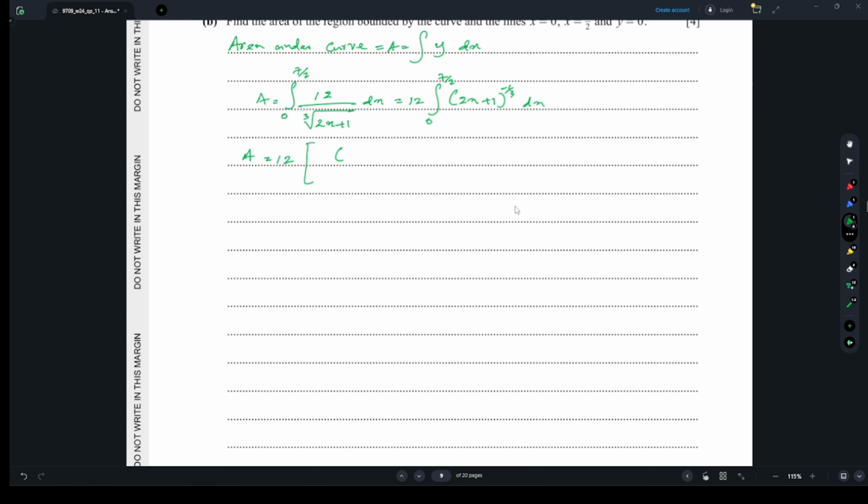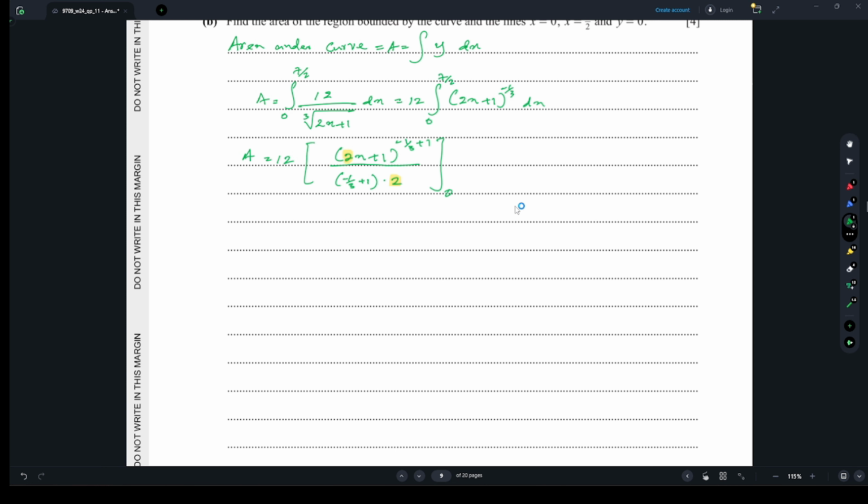So we have this one, 2x plus 1 to the power minus 1 over 3 plus 1, right? When we integrate, we have to add 1 to the power, and then we divide by the new power. And also remember here, we have 2, a coefficient of x. So if you have a coefficient of x, you have to divide by that one also. So here I highlighted it to understand why we divided by 2.